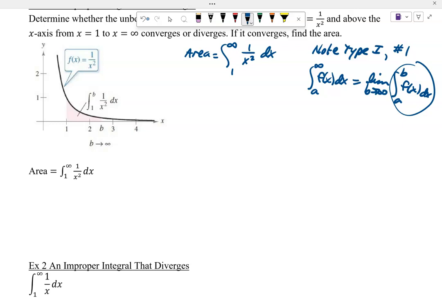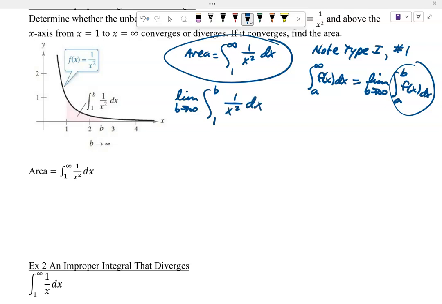So here's what we have. Let's apply type 1 number 1. As long as I take the limit as b goes to infinity, I go from 1 to b. Again, b is going to infinity. So that's the same thing, type 1 number 1.